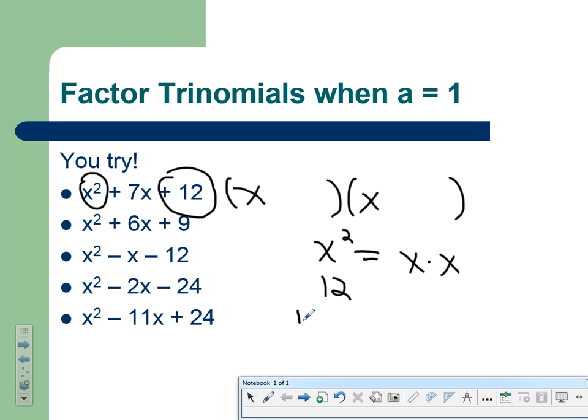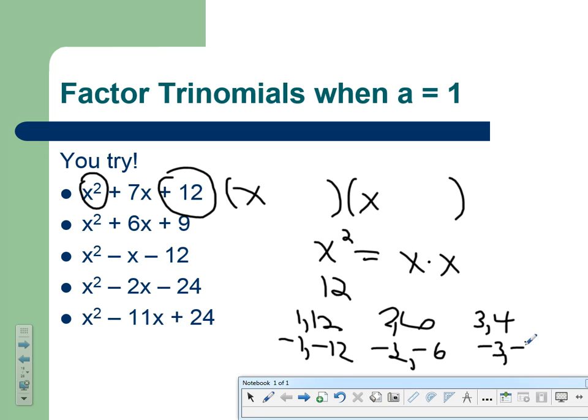And they are, of course, 1 times 12, negative 1 and negative 12, 2 and 6, negative 2 and negative 6, we have 3 and 4, and we have negative 3 and negative 4.